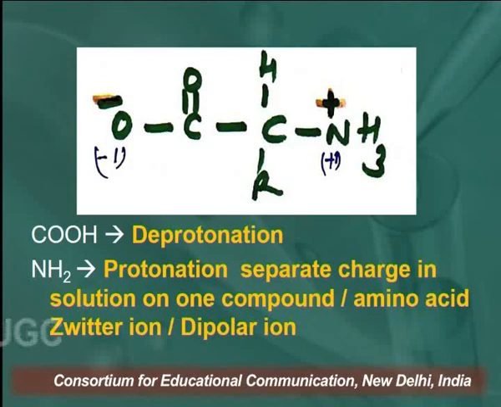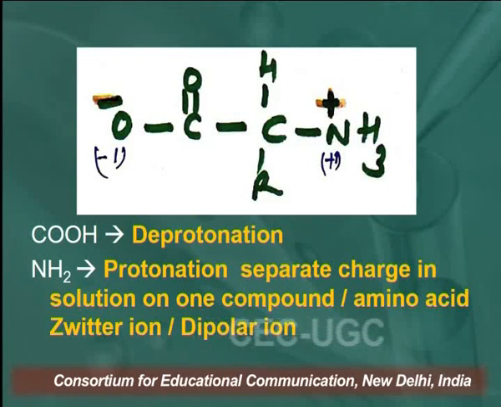So, protonation and deprotonation separate charges in the solution on one compound, that is the amino acid. That's why, due to internal protonation and deprotonation, the amino acid exists as a Zwitterion or dipolar ion, because on your screen you are looking here the carboxylic group having a negative charge while the nitrogen has a positive charge, right.